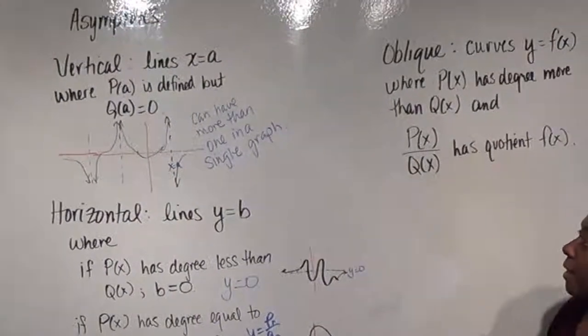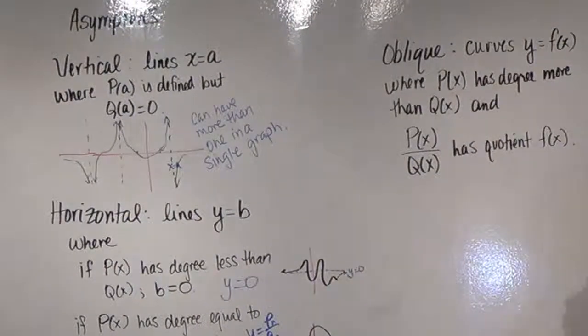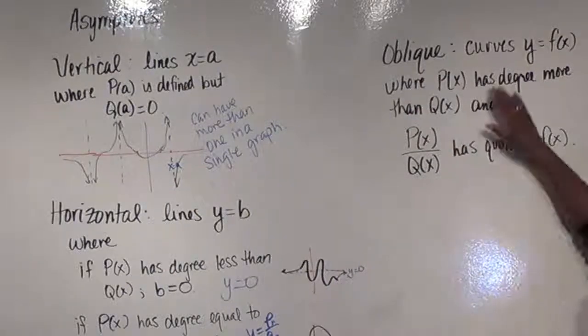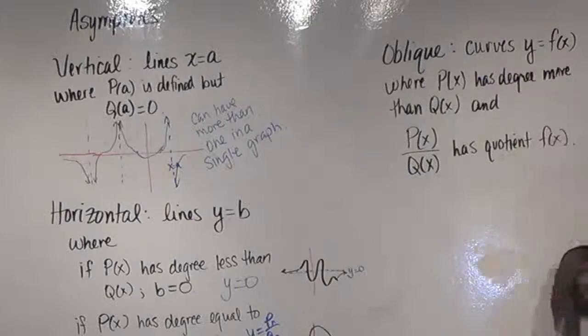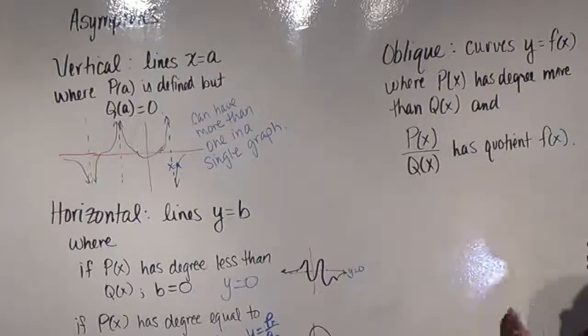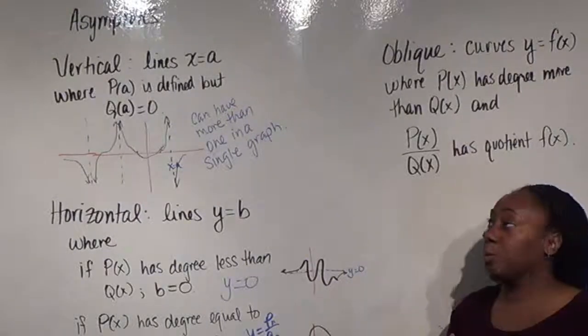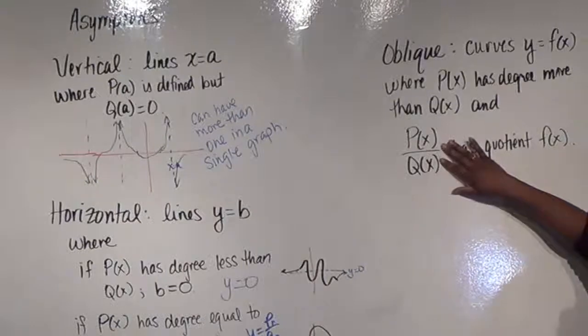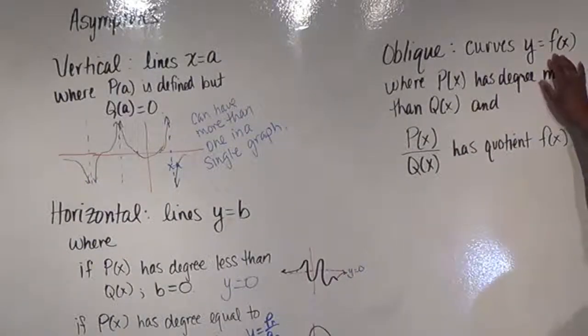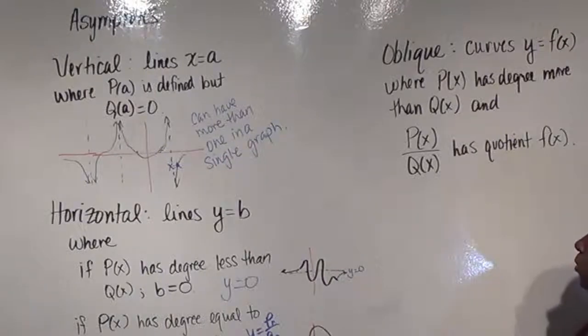Okay? The last type of asymptote that we're going to look at are the oblique asymptotes. And these are curves in the form y equals f of x, where p and q are divided out. P has a degree bigger than q, and when we actually do the division, the quotient is that f of x. And so that's the curve that is going to be our asymptote.